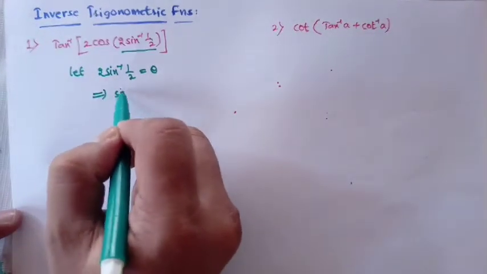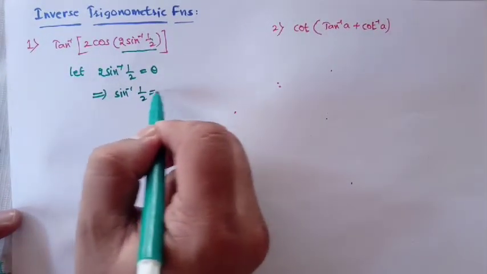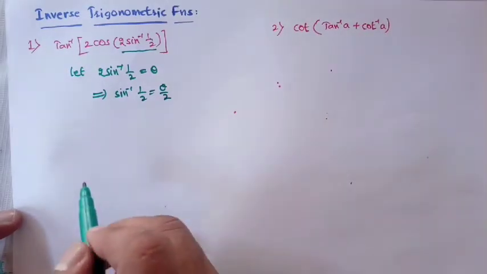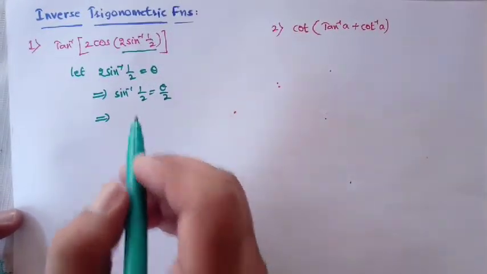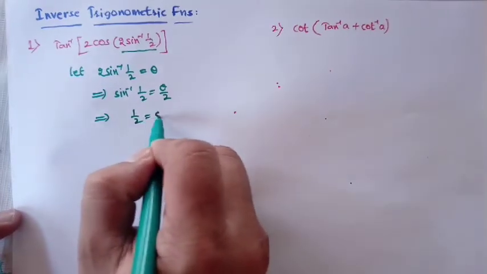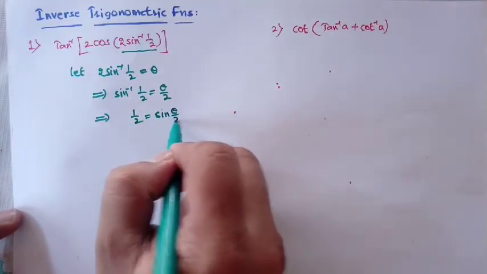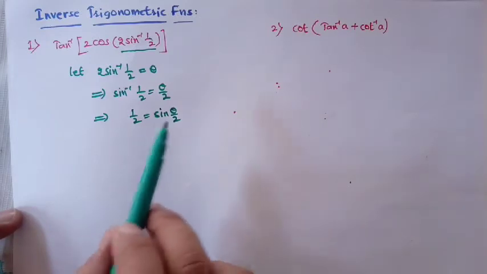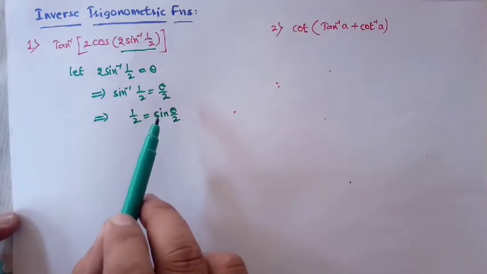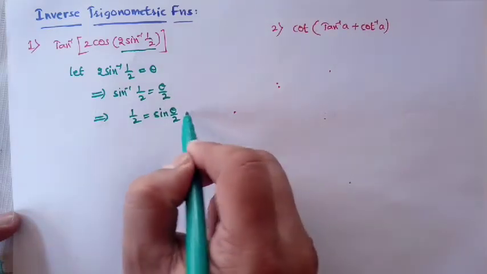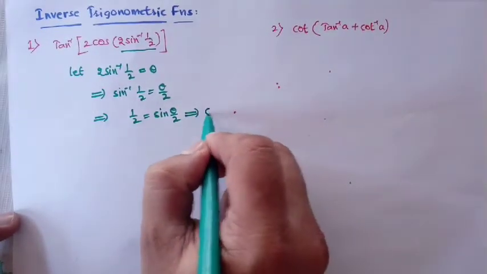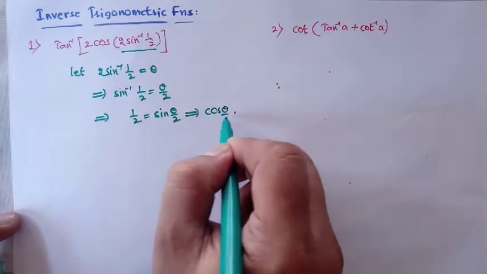Then sine inverse of half is equal to theta by 2, and sending this sine inverse to the right hand side, 1 by 2 is equal to sine theta by 2. We require to write it in terms of cos, and it can be written as cos theta by 2.